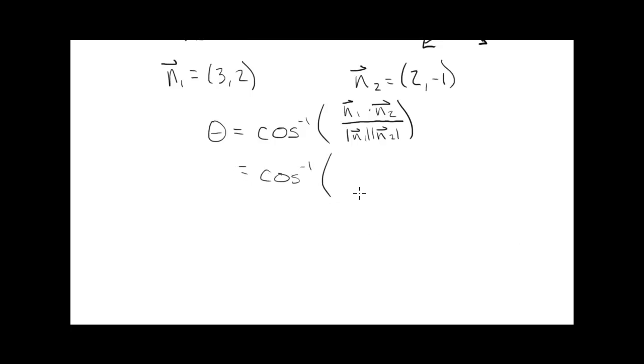Cos inverse of, so n1 dot n2 would be 3 times 2, 6, minus 2, all over the square root of the magnitude of this, so 9 plus 4, 13, and the magnitude of this one, 4 plus 1, 5.